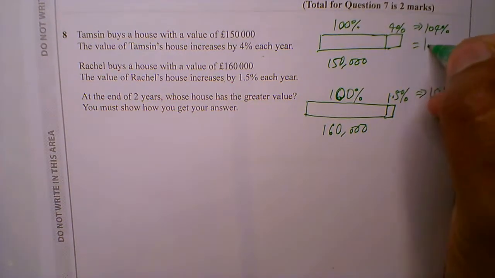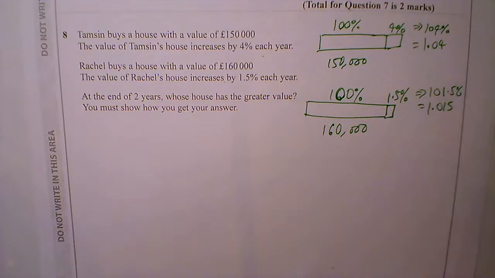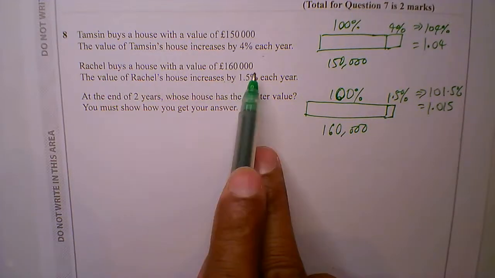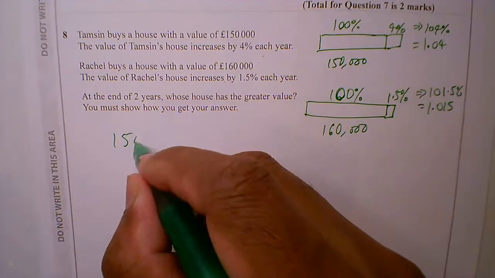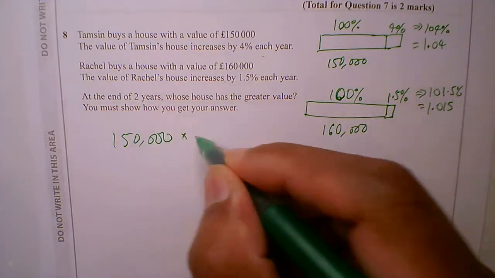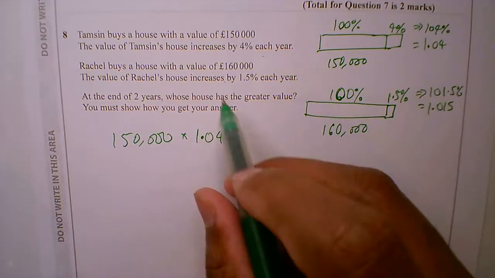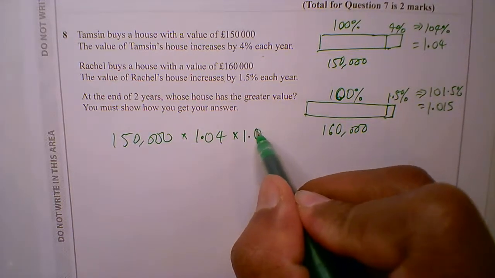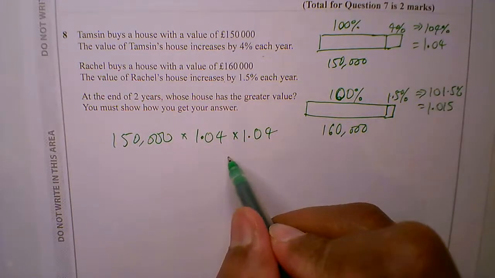Let's also write this as a multiplier, 1.04, 1.015. So we want the value after 2 years. So the first year is 150,000 times by 1.04. The second year is the same number. So I'm just going to multiply this again, and then I can see what I get.